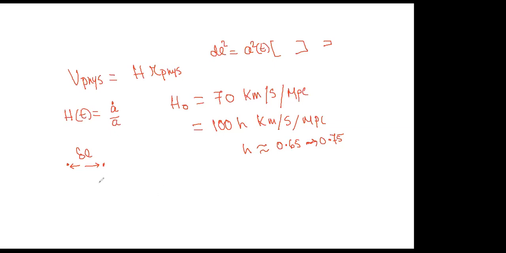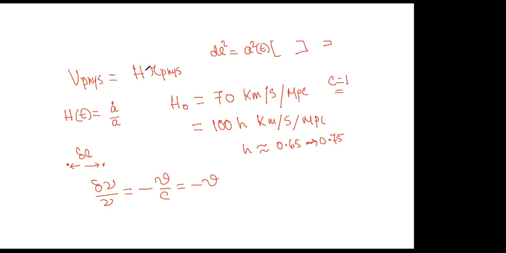The Doppler shift d nu by nu will be minus v by c, and we are putting c equal to 1.